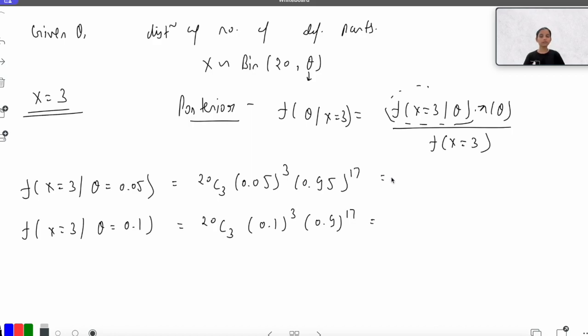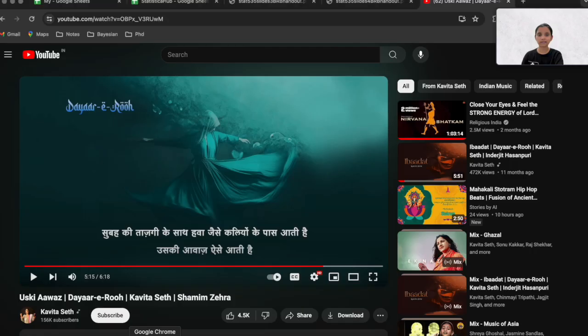When you calculate this probability, it is quite a small number, with 0.95 raised to the power 17 and 0.9 raised to the power 17. For now you can directly calculate it with the help of a calculator, but for simplicity I'll be using, let's say, a binomial calculator for now.